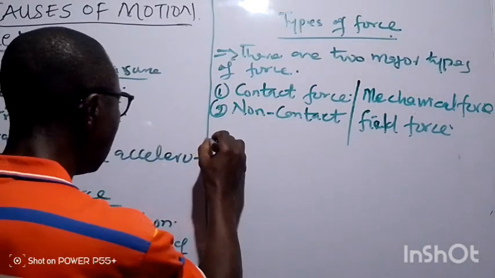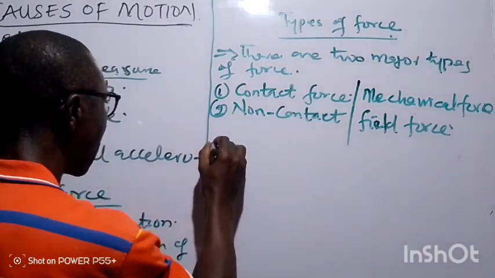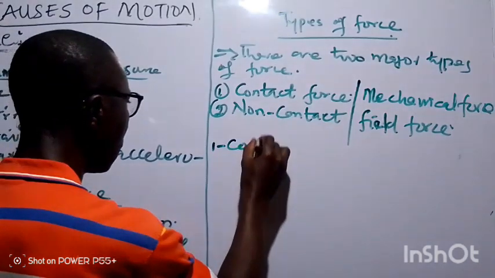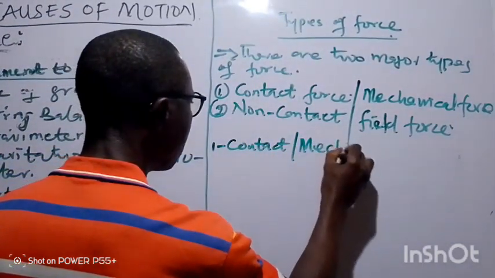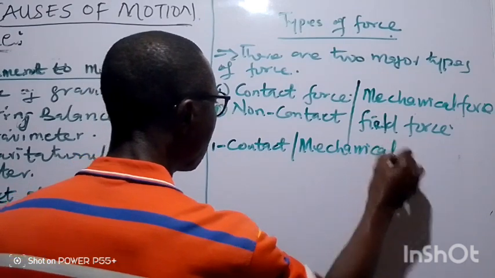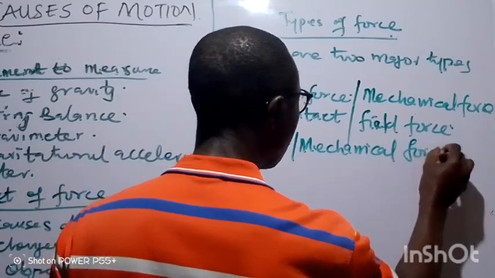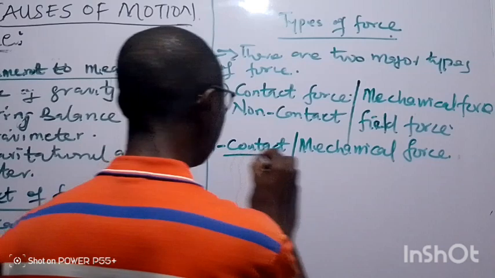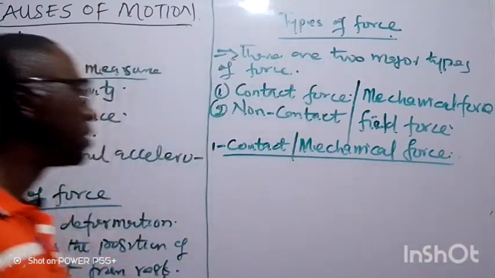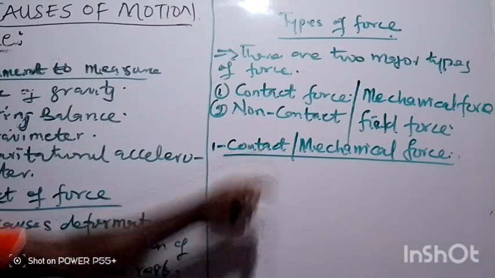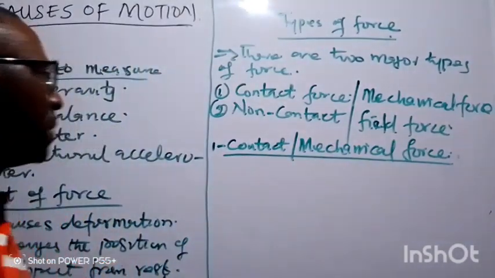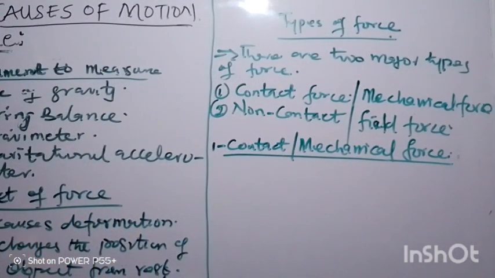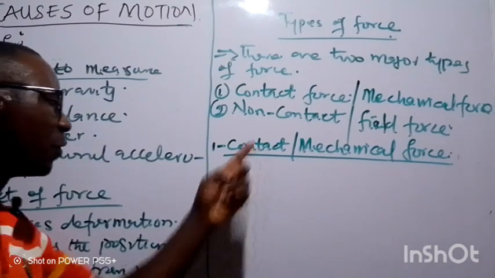The first one, contact force or mechanical force. When you say contact force, from the word contact, this is the force experienced when two solid objects are in contact. That is, the two solid objects must be in contact before this force can be experienced.